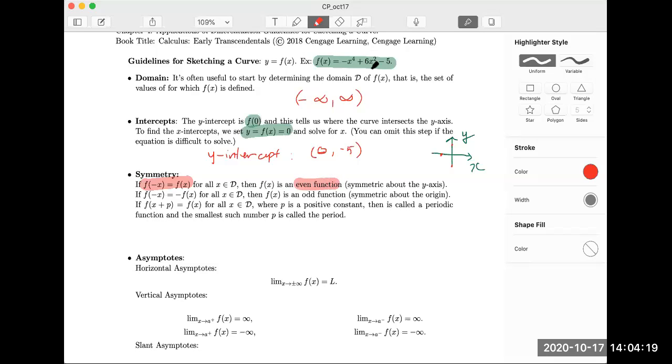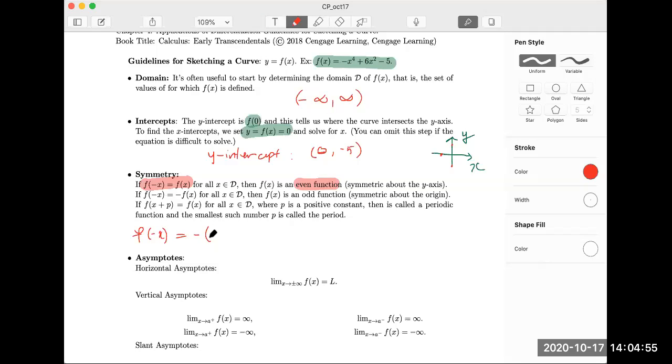So let us check if this is even. In the other way around, we call it the odd function. In our function here, let us check the f of negative x. In our example here, what is it now? f of x is defined as in this formula. f of negative x means the input now is the negative of x.